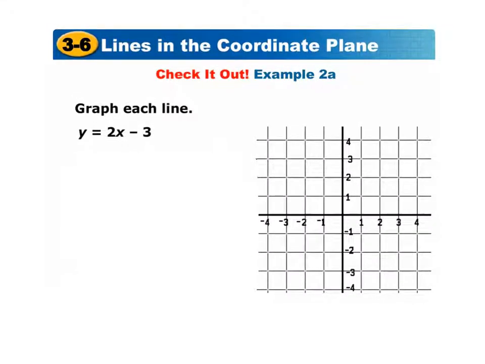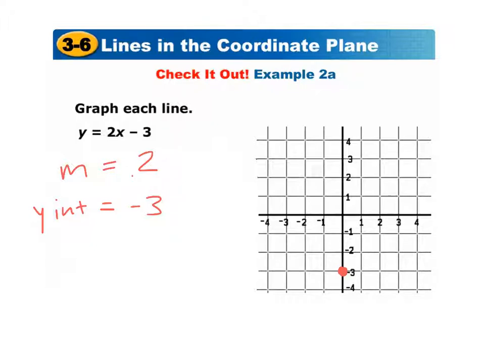y is equal to 2x minus 3. So this is slope-intercept form. So we have a slope, which is 2, and our y-intercept is -3. So let's graph our y-intercept, -3.